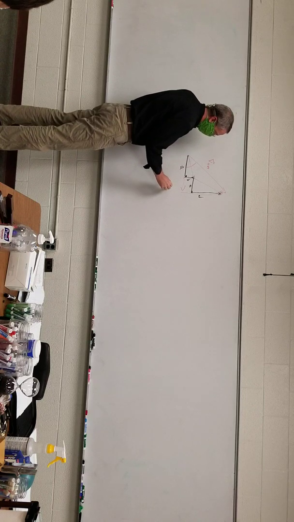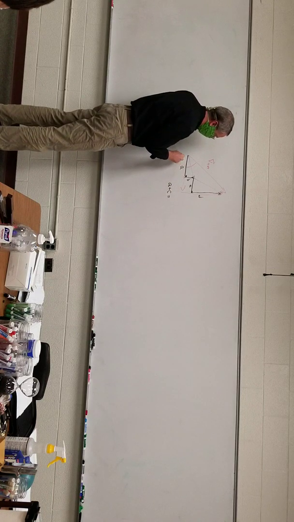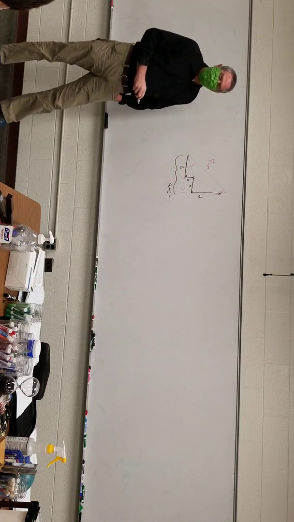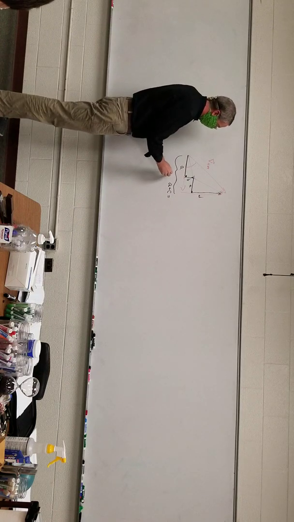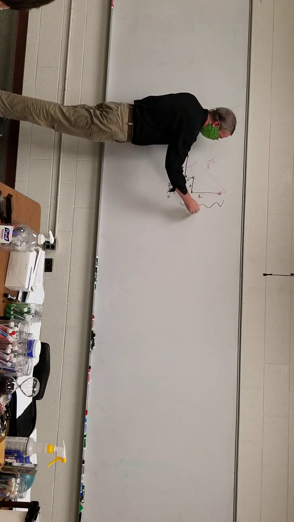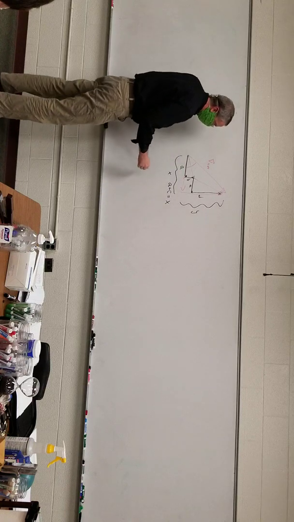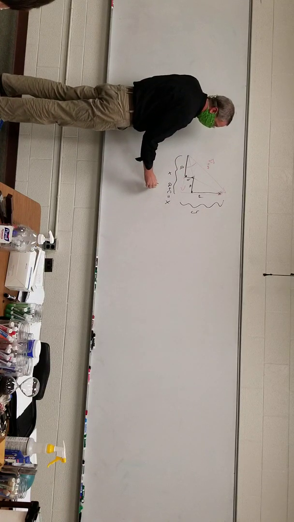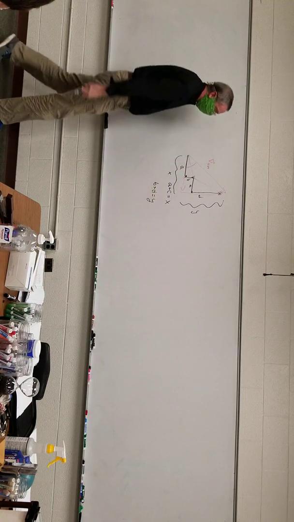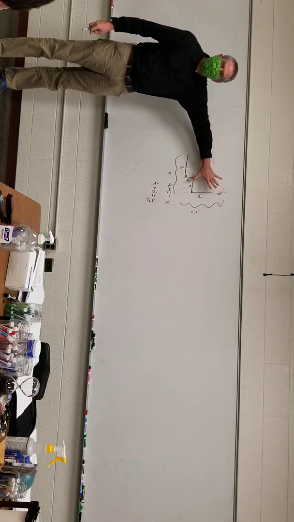I know that A plus C is equal to whatever that total length is there. We'll call that whole thing X, and the vertical whole thing Y. And B plus D is equal to Y. So that plus that is equal to the whole thing.